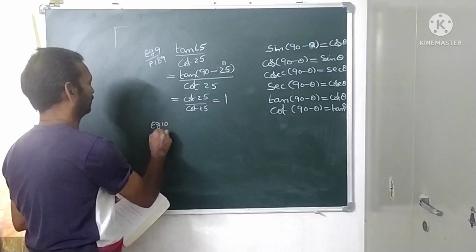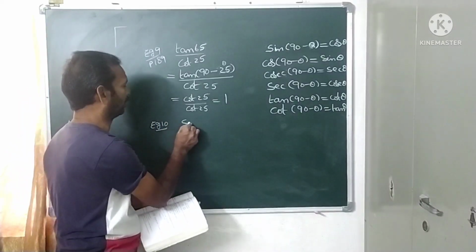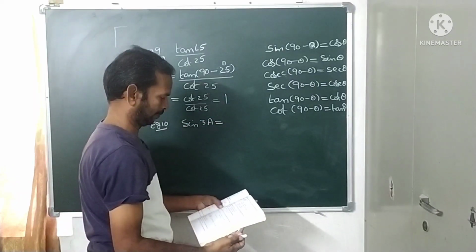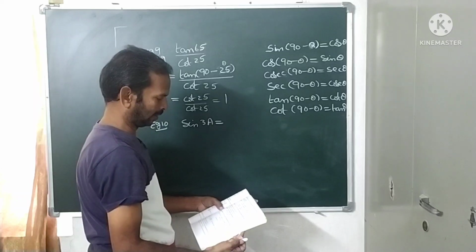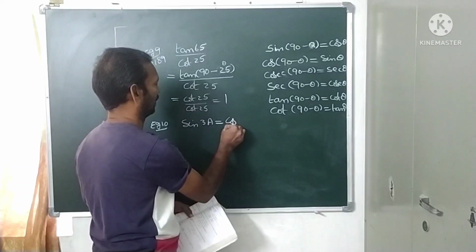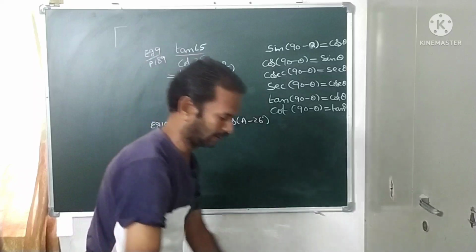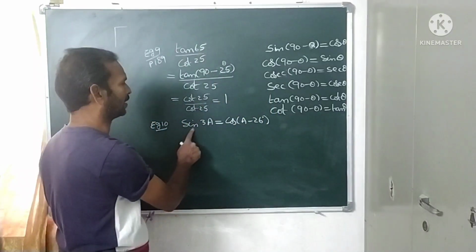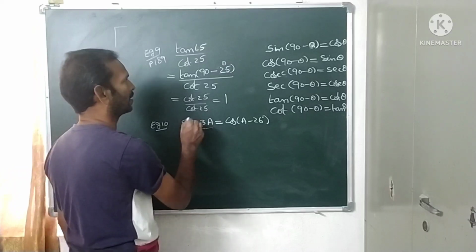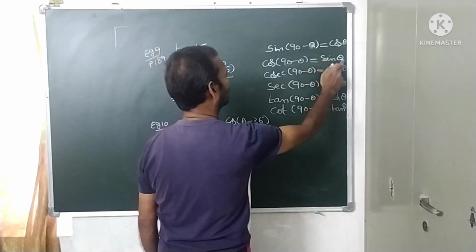Now, example 10. Sin 3a is equal to cos of a minus 26 degrees. See, left hand side sin is there, right hand side cos is there. So to get this also as cos, same: cos of 90 minus theta is equal to sin theta.